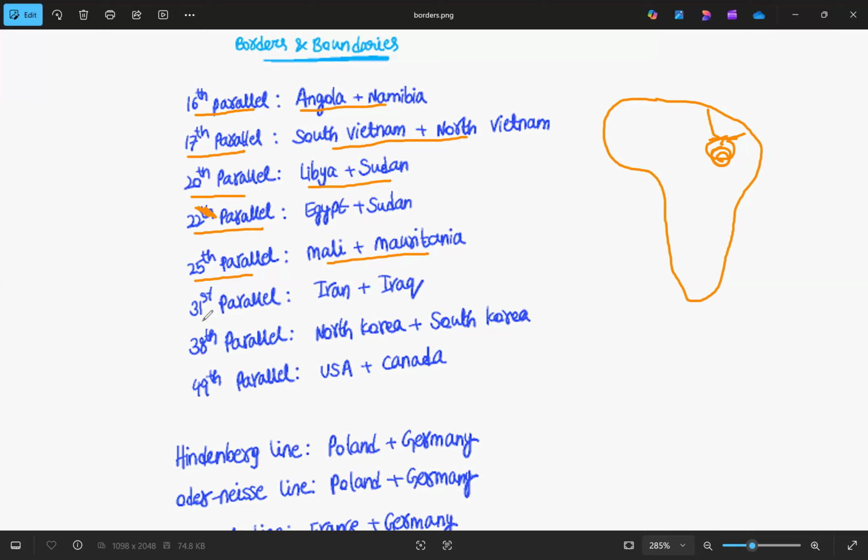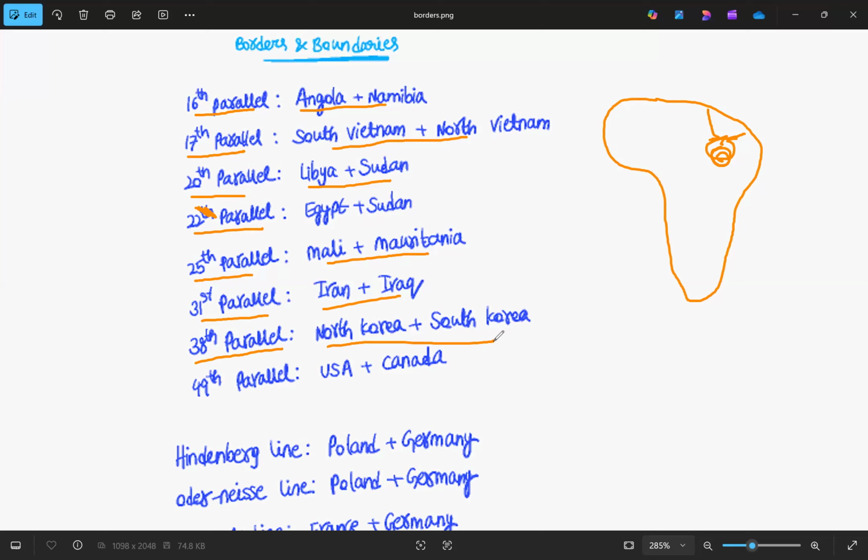The next one is the 31st parallel. It divides Iran and Iraq. So the 31st parallel is the boundary between Iraq and Iran. Next one, the 38th parallel. The 38th parallel is the boundary between North Korea and South Korea.